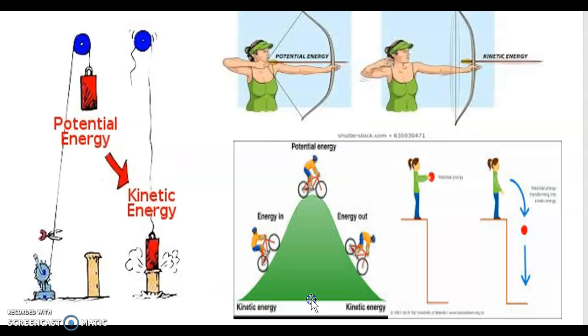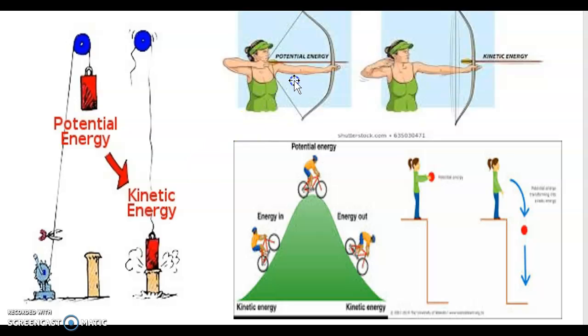So let's see the difference between potential and kinetic energy in this illustration. In this case, when you see this one hanging up there and it's not moving and it has a height, this is potential energy. But the moment it falls down, the potential energy was converted to kinetic energy.